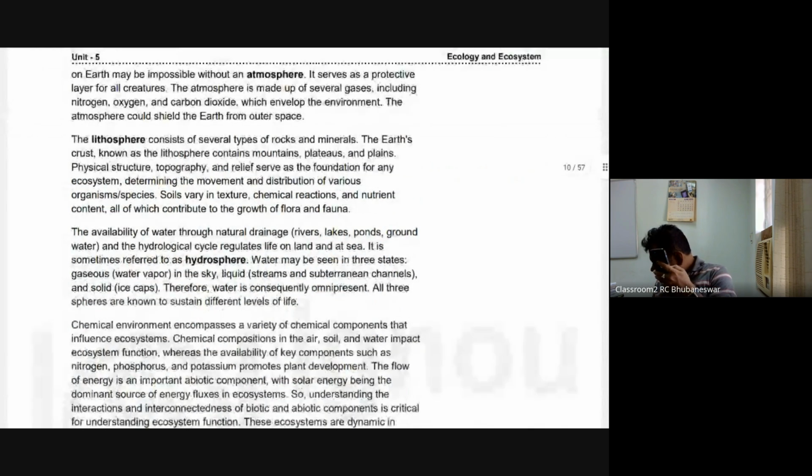Then you have lithospheric abiotic components, like mountains, plateaus, plains, all the physical structures. Then you have topography and relief, and always remember, there is a difference between physiographical features and topography. You must be aware of geological processes like weathering and erosion.